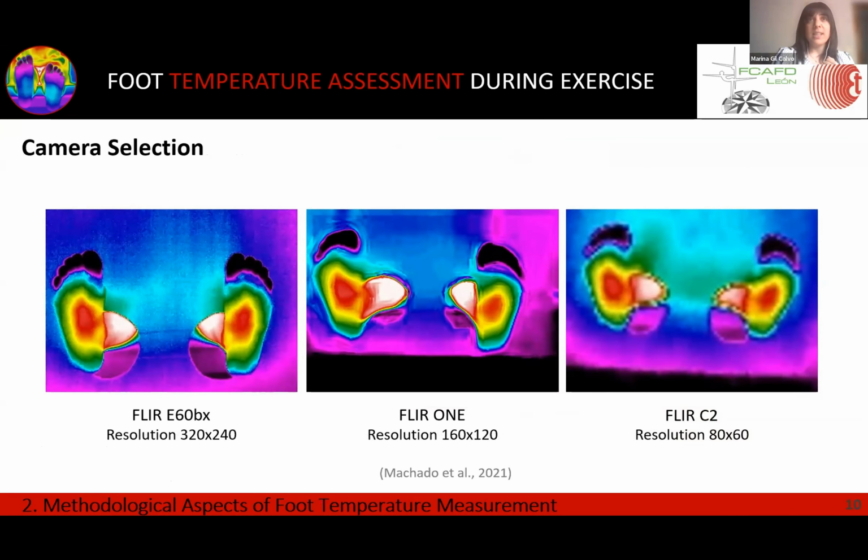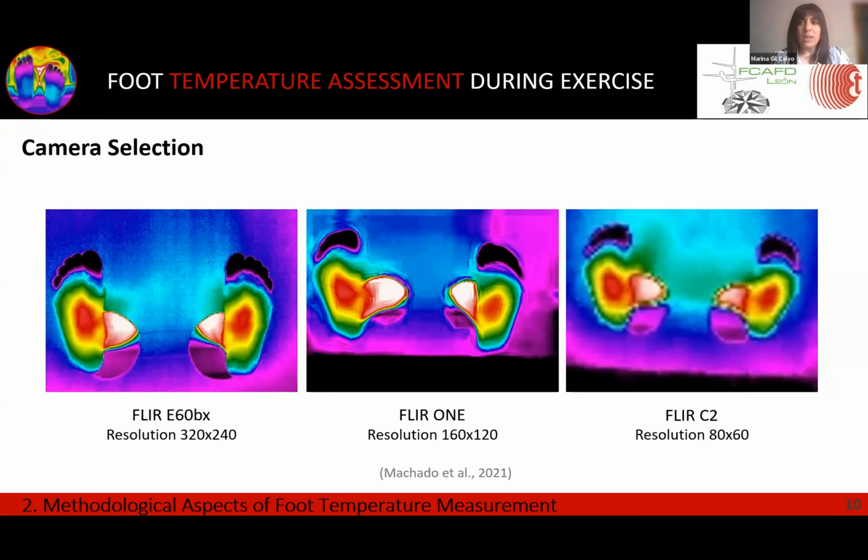Another important factor is the camera selection, the camera used. Here you can see an example of the same feet captured with 3 different cameras of different resolutions from the same position.